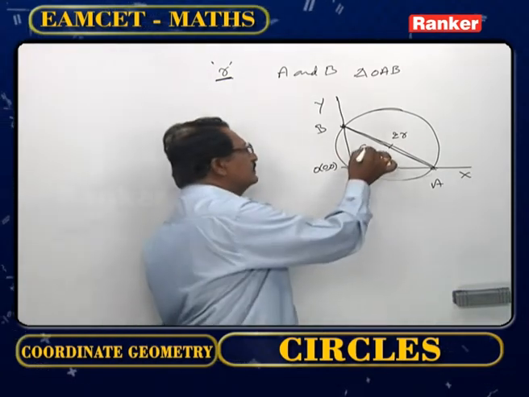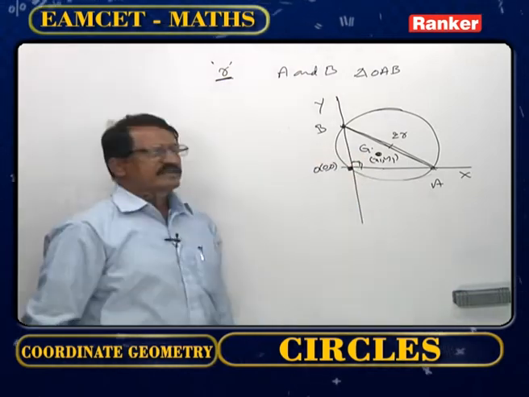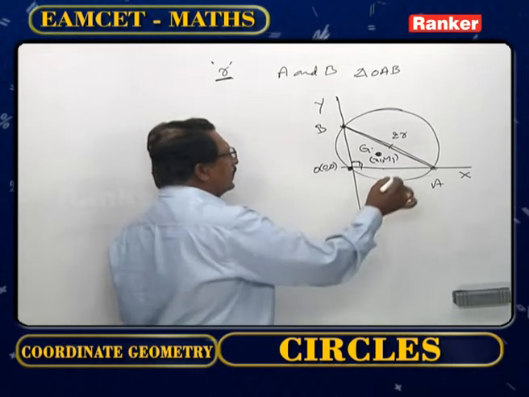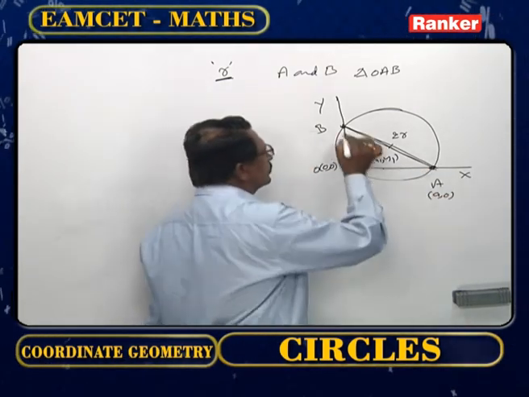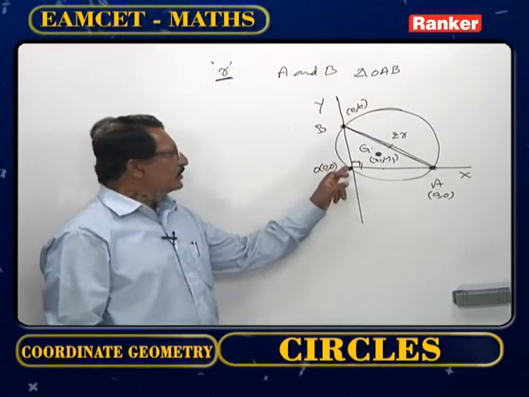Consider the centroid as (x1, y1), the required locus of the centroid of triangle OAB, and consider the coordinates of point A as (a, 0), point B as (0, b), and O as (0, 0).